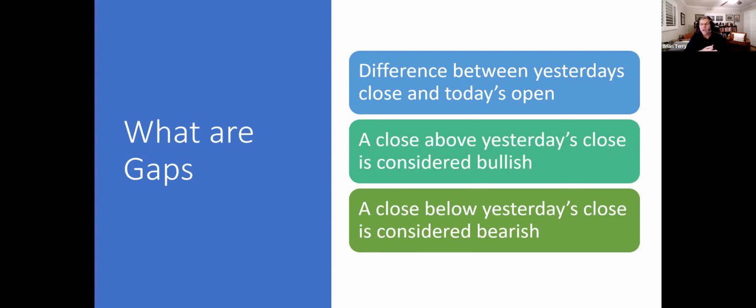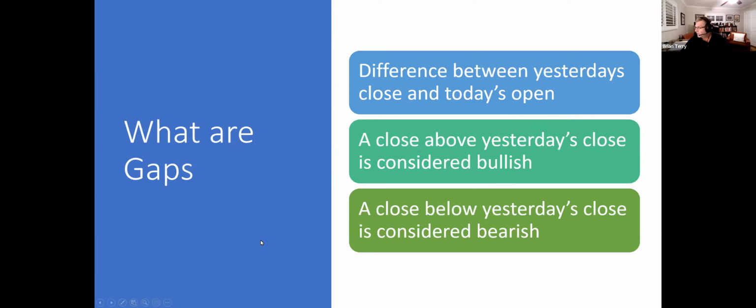It closes at 100 on the dot, and it may open at 101, or it may open at 99.50. That's a gap. It can also open up 10% different. Most people consider a gap above the previous day's close as bullish, and a gap below as bearish.